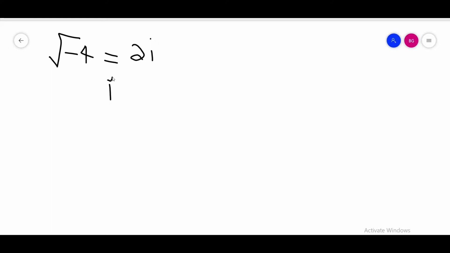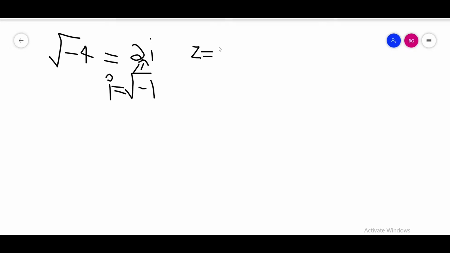So you multiply this square root of -1 with the root of 4, which is 2, and the root of -4 is this 2i.